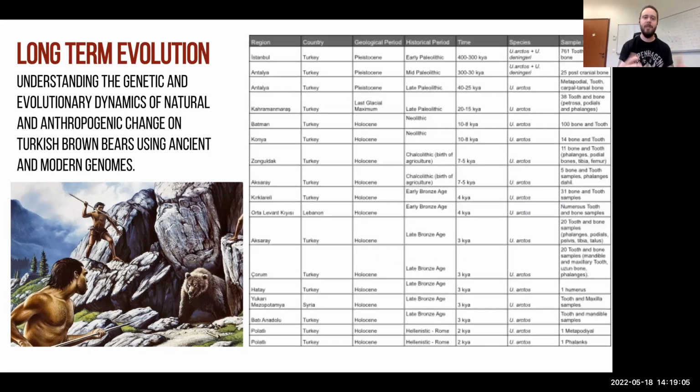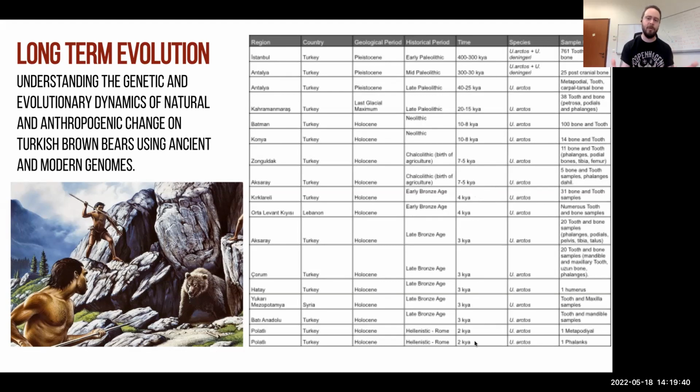So we want to compare adaptation to changing environments in brown bears over the period of, for example, starting from somewhere around 400,000 years ago in the early Pleistocene, all the way to the beginning of the Holocene and end of the Ice Age to the beginning of the interglacial, and then how brown bears adapted to environments all the way up to somewhere around 7,000 years ago, when there was the agricultural revolution, and then all the way up to the industrial revolution.